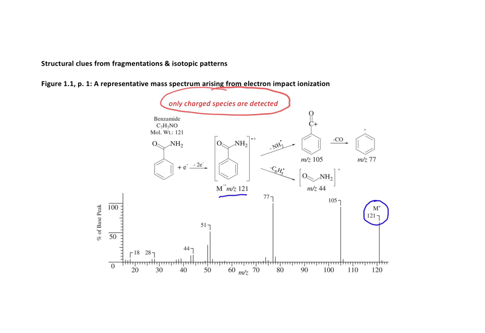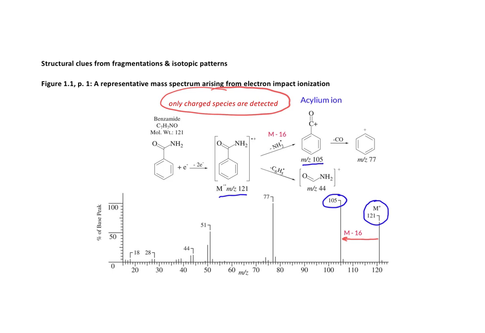The first fragment is M-16, which corresponds to the loss of NH2 radical to give an acylium ion at mass over charge 105. The loss of 16 is invisible because it is a neutral radical. Only the cation is observed.